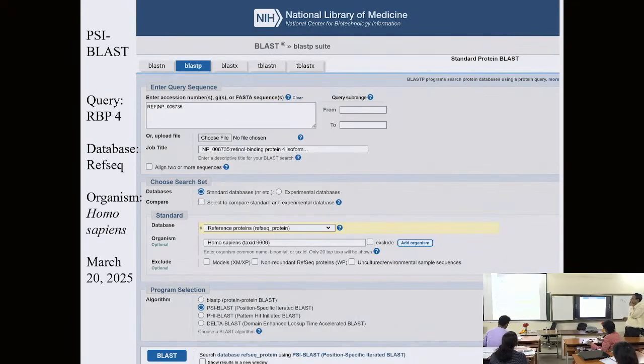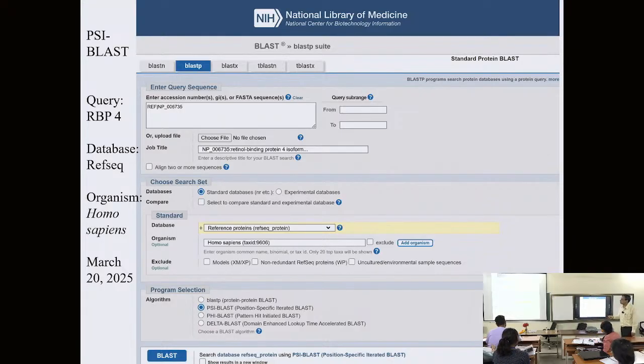So this is what I did for you, and I think you should repeat this for beta globin and myoglobin. You want to see if, when you use PSI-BLAST, myoglobin is returned as a hit or not.